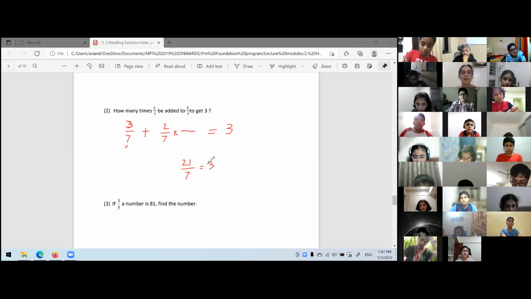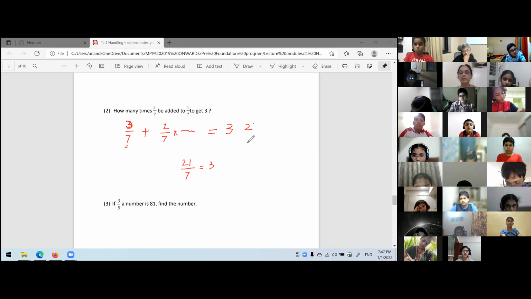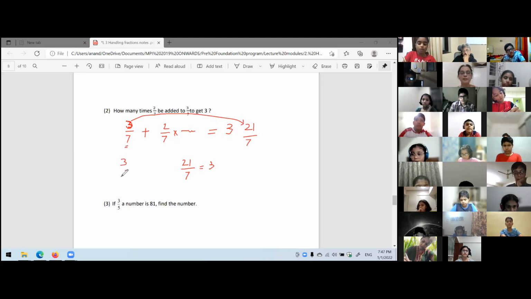Now I have 3 upon 7 and my answer should be 21 upon 7. Then what do I need to add to it? 21 minus 3, 18. 3 upon 7 plus 18 upon 7 will give us 21 upon 7.